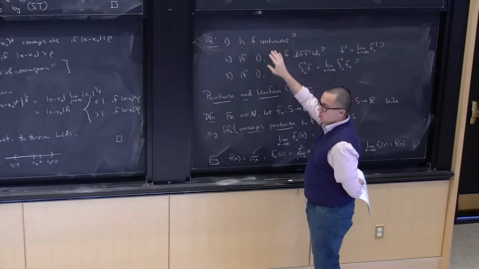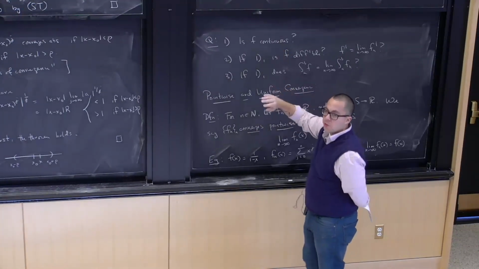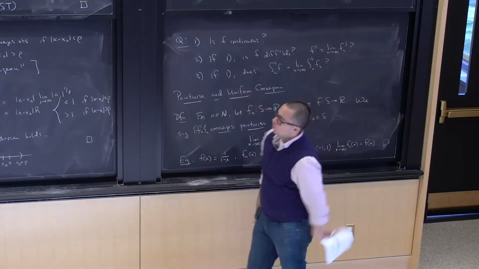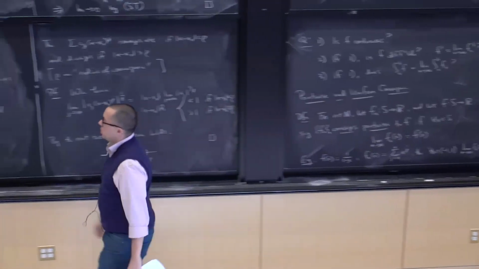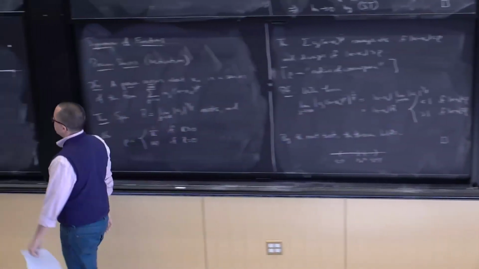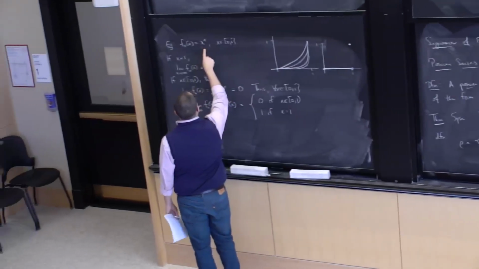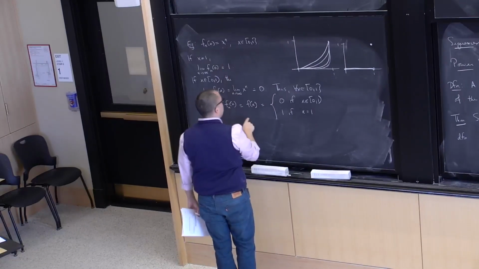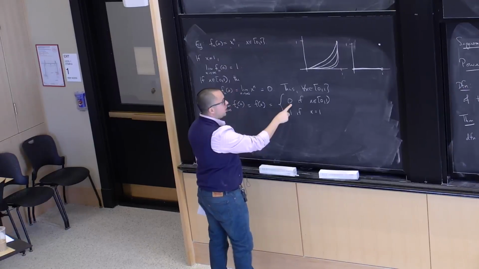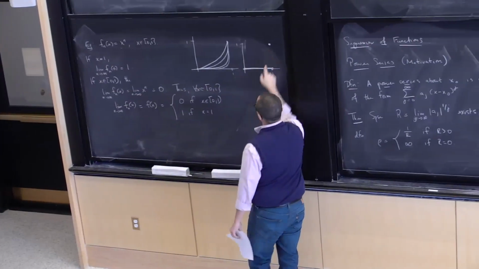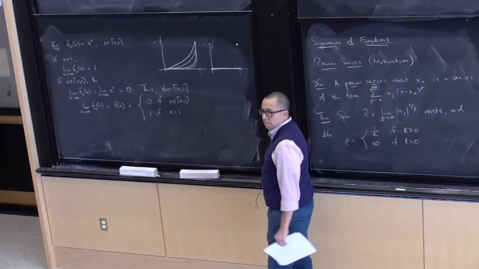Suppose fn's are continuous, converging pointwise to a function f. Is the function f continuous? And what this example shows is that no, that's not the case, right? X to the n is always continuous, yet the pointwise limit as n goes to infinity is given by this function, which is 0 from 0 to 1, and 1 at x equals 1, which is not a continuous function. Okay?